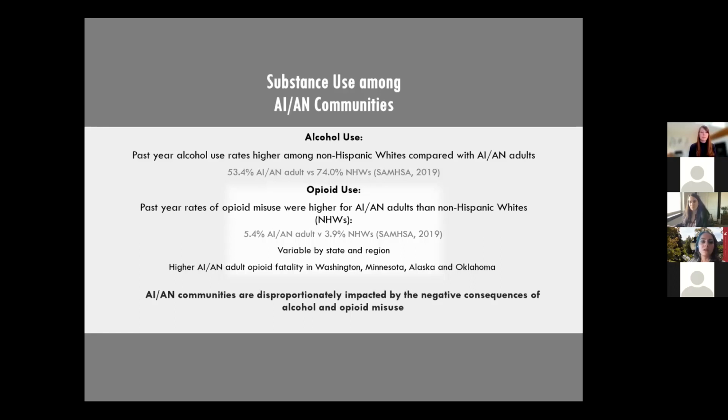With opioid misuse, there's higher fatality, especially in Washington, Minnesota, Alaska, and Oklahoma. Native communities are disproportionately impacted by the consequences of misuse. And there's been an increase, especially in opioid fatalities among these communities due to COVID. I'm sure some of you have seen and heard those statistics as well.